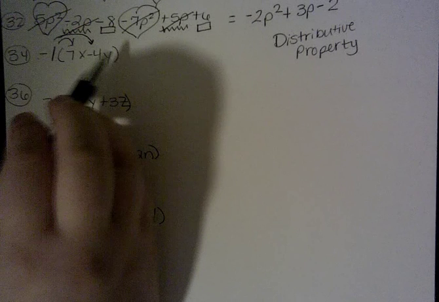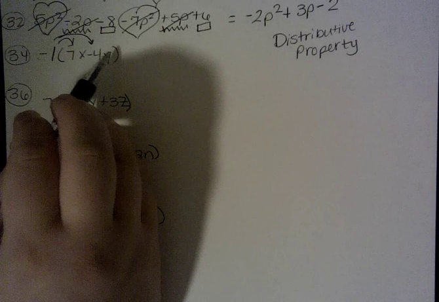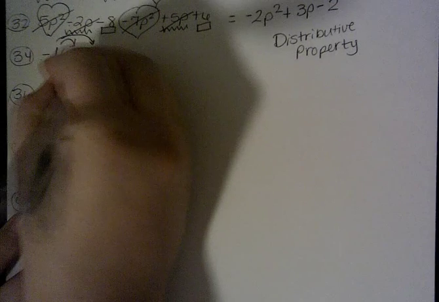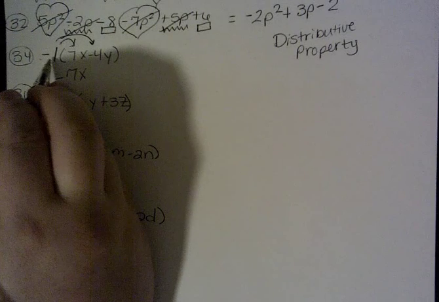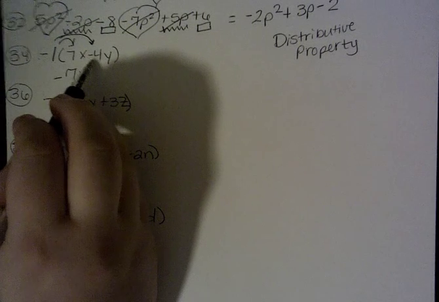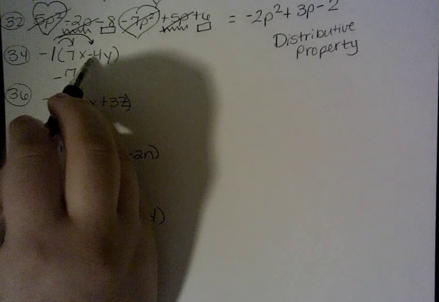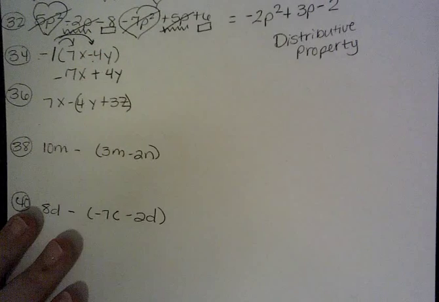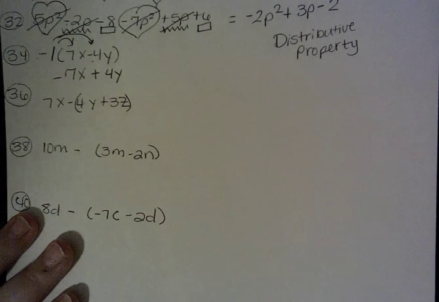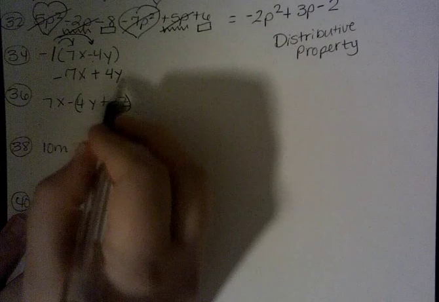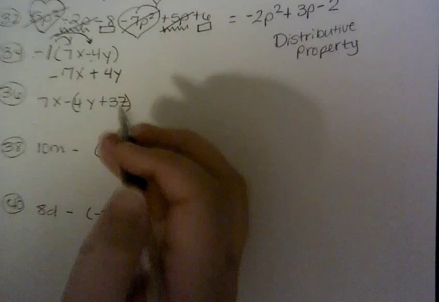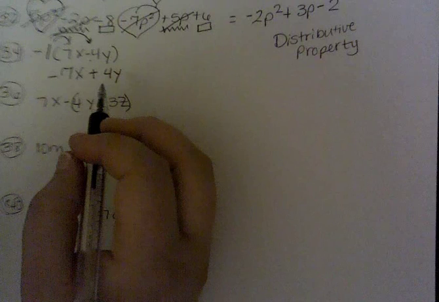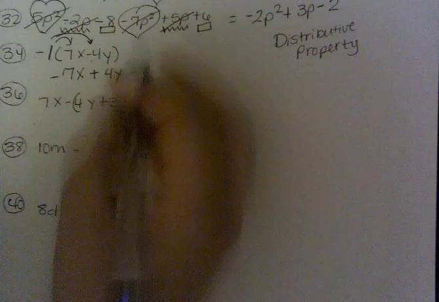So that means we're going to do -1 times 7x, which is -7x, and then -1 times -4y. Notice that 4y is negative, gives you a +4y. Now, notice that these are not like terms. One has an x and one has a y. So due to them not having like variables, they're not like terms, meaning this is as far as we can go.